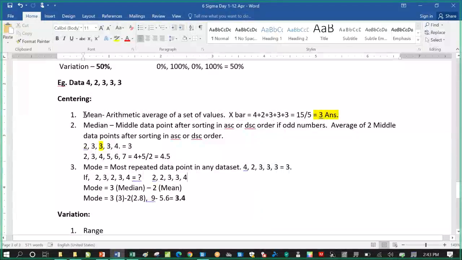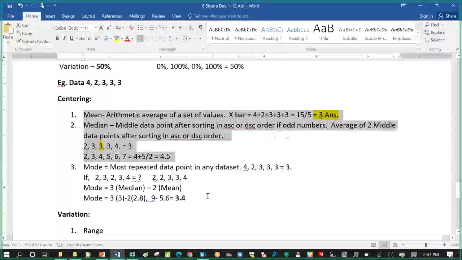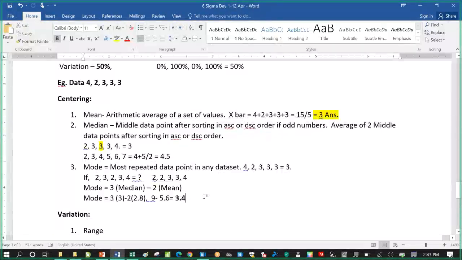Usually all our tests will revolve around mean and median. Mode is very less used, just to see which is the most frequent, maybe for considering some benchmark or common targets.